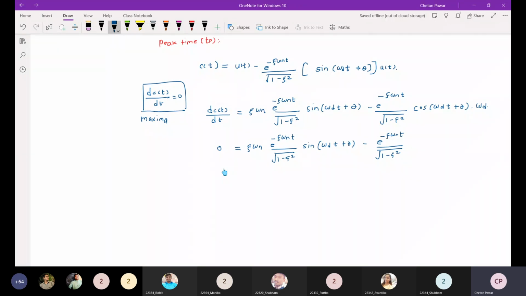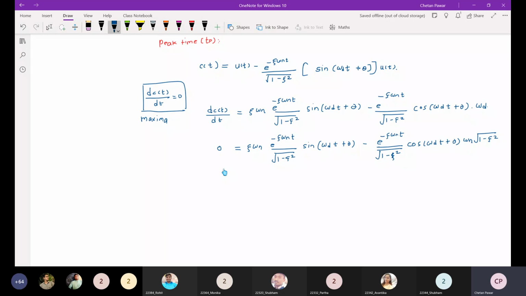Zeta square, okay. And then what is omega d? Omega n into 1 minus zeta square.